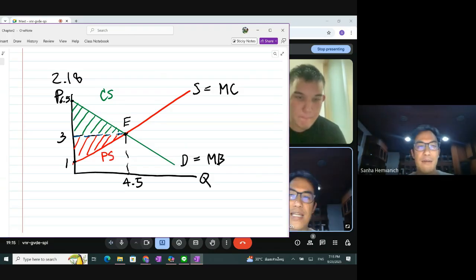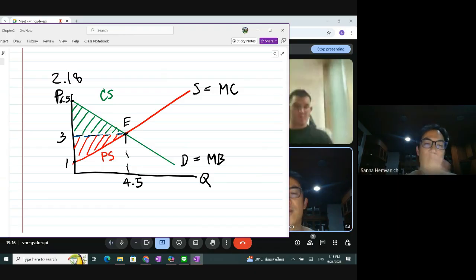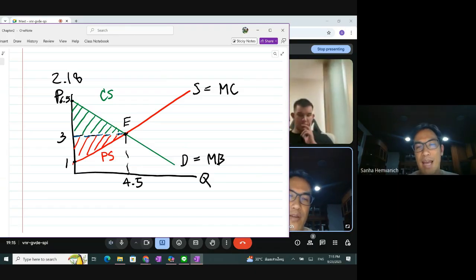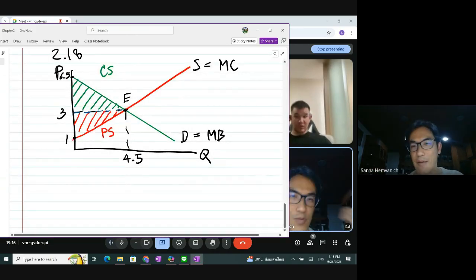You can see that both of them are very nice right angle triangles. So we can use the formula for the right angle triangle to calculate the area.